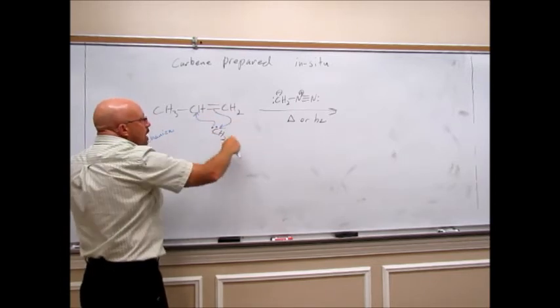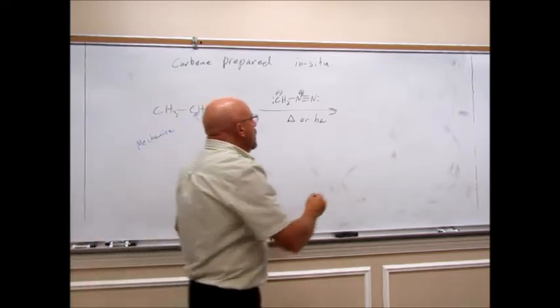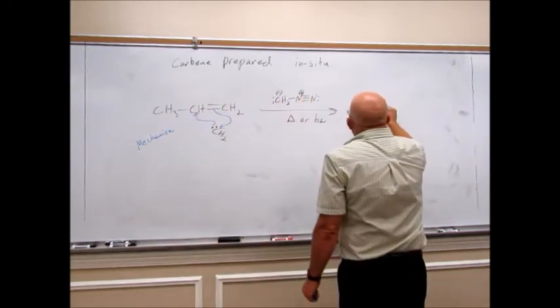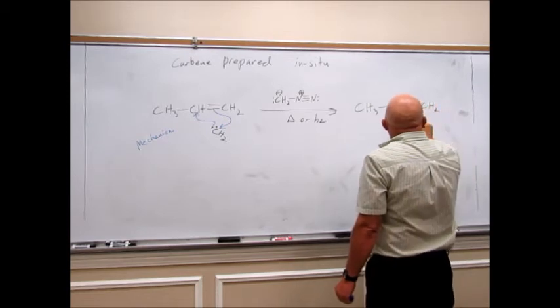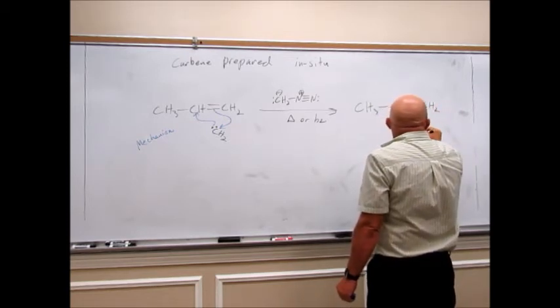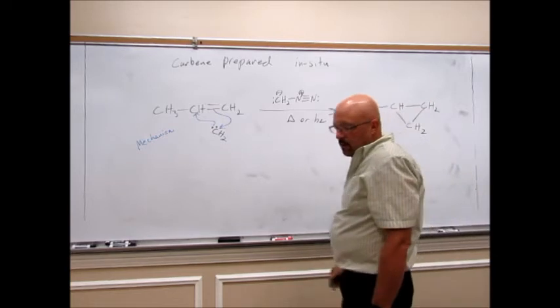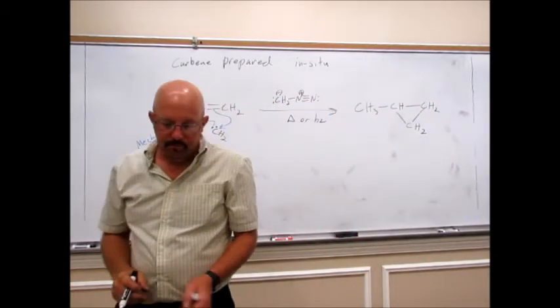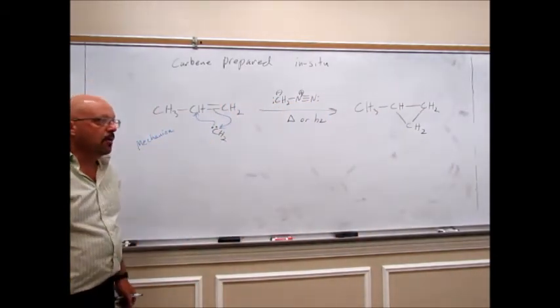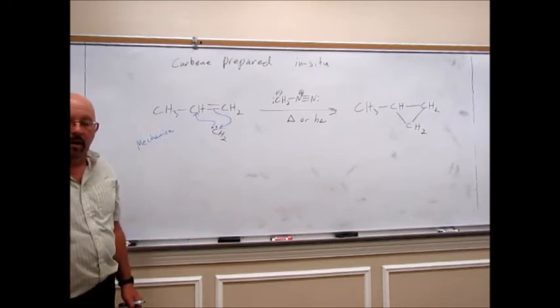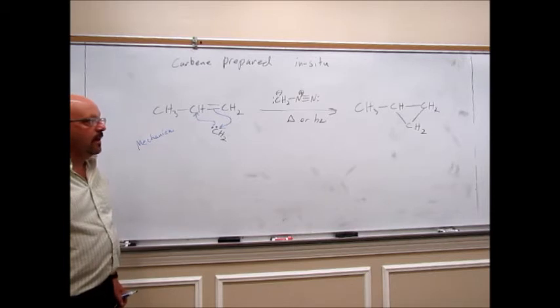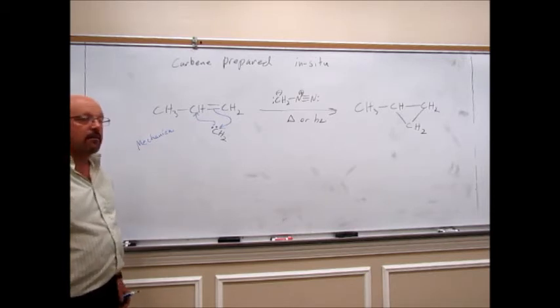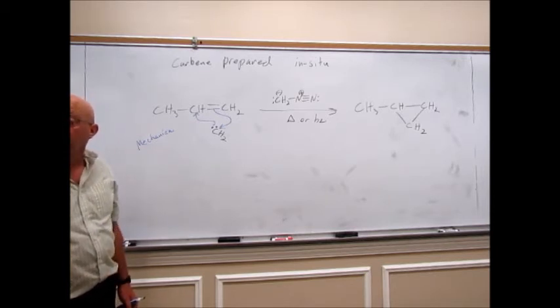They're just moving around between those three carbons. The product that we get is a cyclopropane ring. So there is one carbene that we can do. We react them with an alkene and we always make a cyclopropane ring. Questions on that?